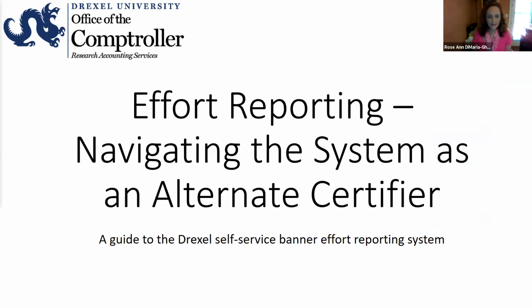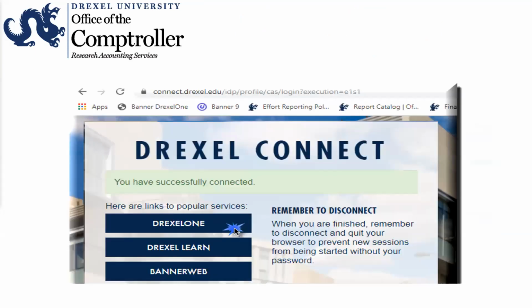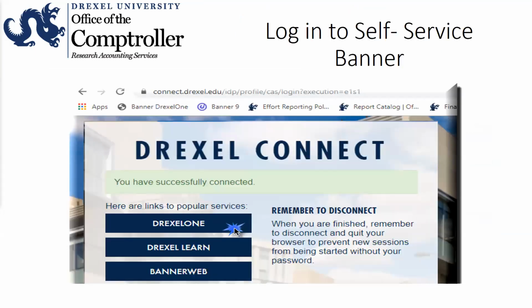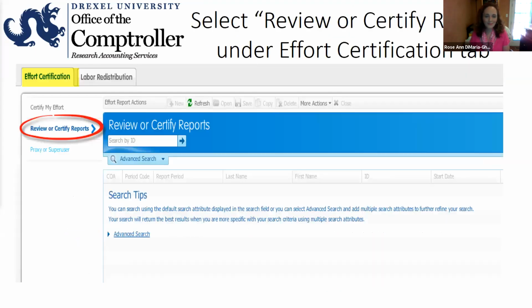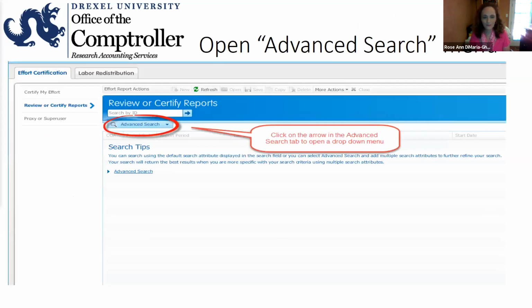And then these next slides talk about navigating the system as an alternate certifier. So in lieu of time, Molly, if you could just flip through them. You have to log into Drexel One, click on effort reporting, review or certify effort reports.